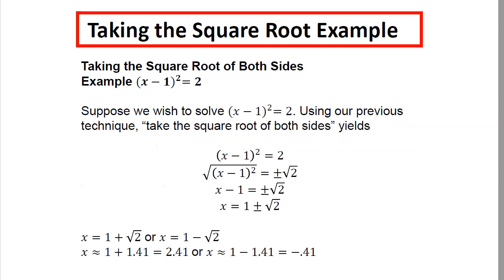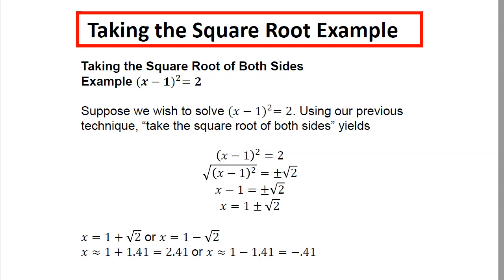Let's look at an example of taking the square root of both sides for the equation quantity x minus 1 squared equal to 2. We have quantity x minus 1 squared equals 2. We take the square root of both sides. The square root of quantity x minus 1 squared is just x minus 1.